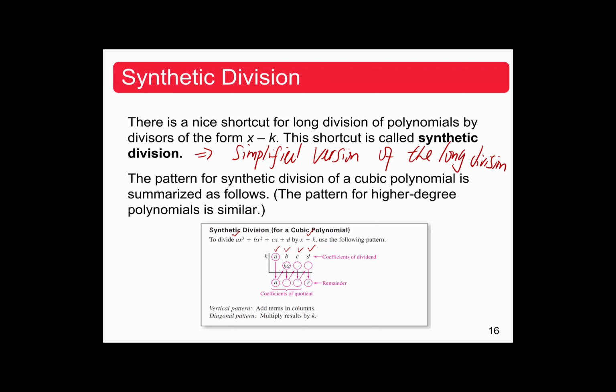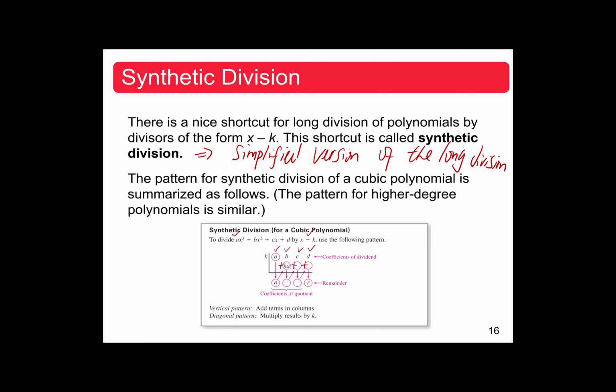Now we carry over the first coefficient, and after that we multiply the k by the leading coefficient to get ka. Then we add. Vertically we add all the numbers here. Horizontally we just bring down all this result as a remainder.